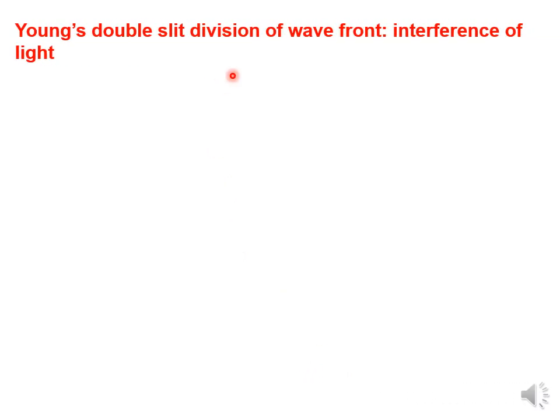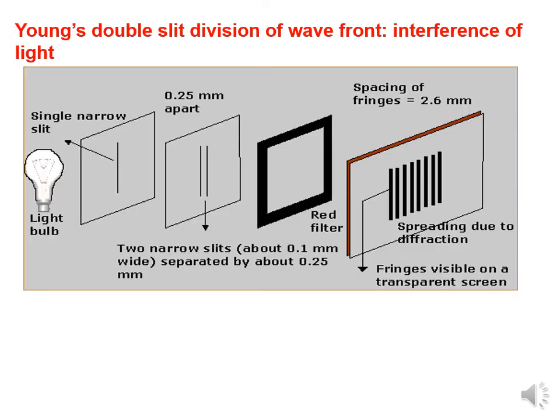Young's double slit deviation of wavefront اللي هي interference of light. هنا عندي ايه؟ هنا عندي source of light، عندي single narrow slit to have a coherent waves، وبعدين هنا عندي ايه؟ هنا عندي double slit screen، وبعدين هنا عندي في filter، وبعدين هنا عندي في observation screen.